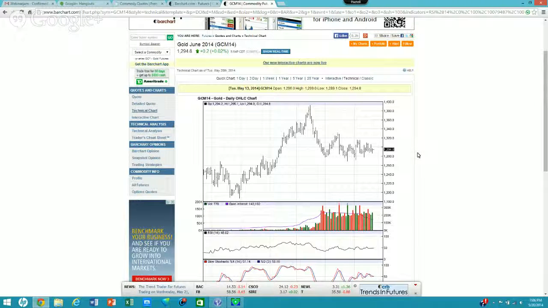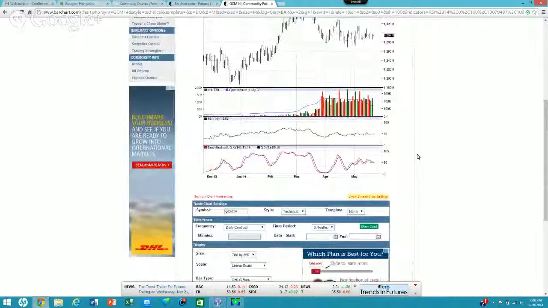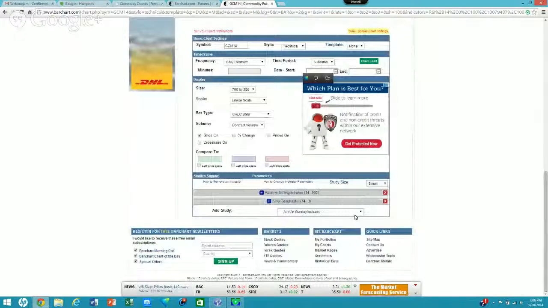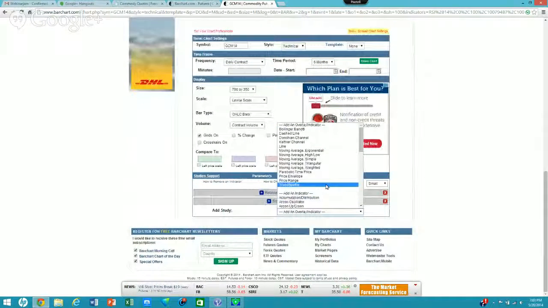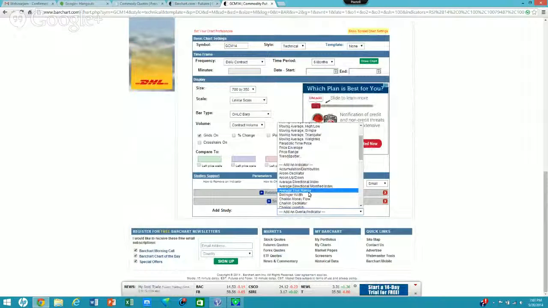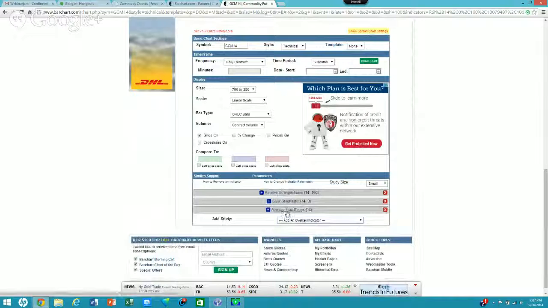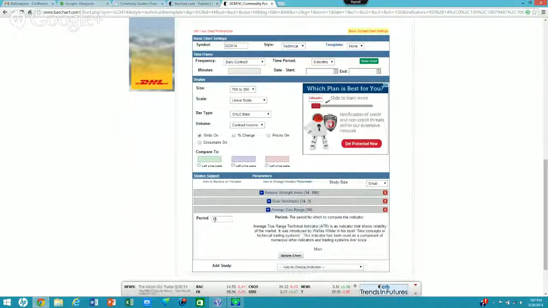And in fact, let's add the ATR here, which is the average true range. We'll do that for 10 days. We'll adjust this for 10 days here.